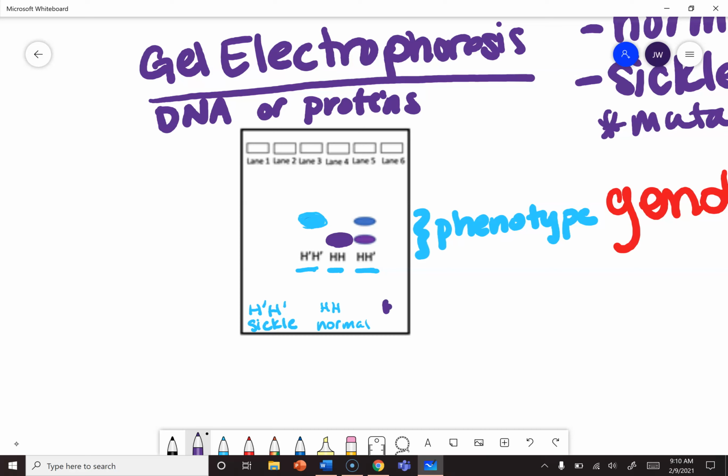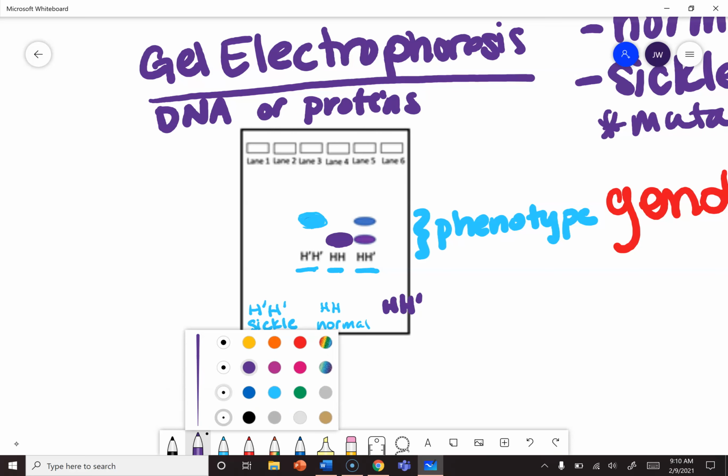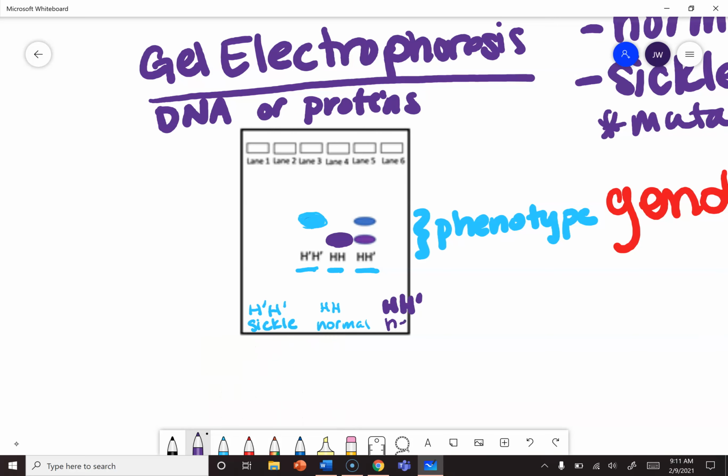Over here, we have the normal and the sickle cell protein being produced at the same time because this individual is heterozygous. They produce both the normal and the sickle cell at the same time. Because each allele is producing a different type of protein, we actually see both of them.